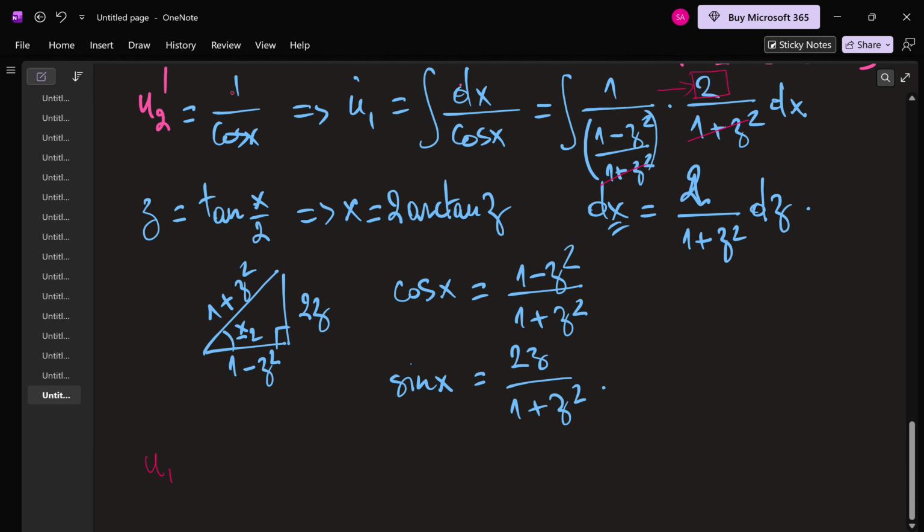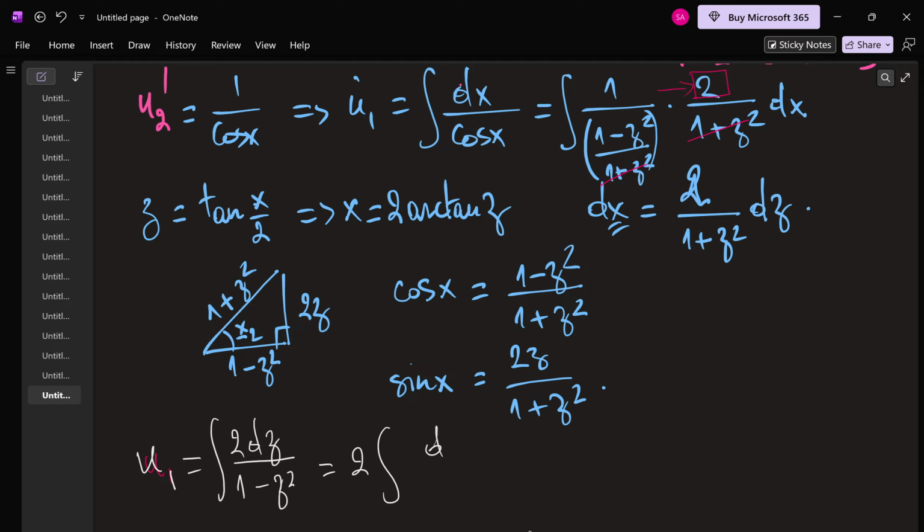So the answer would be u1, which is equal to the integral of 2dz over 1 minus z squared. This is actually equal to the integral of 2dz over 1 minus z times 1 plus z.